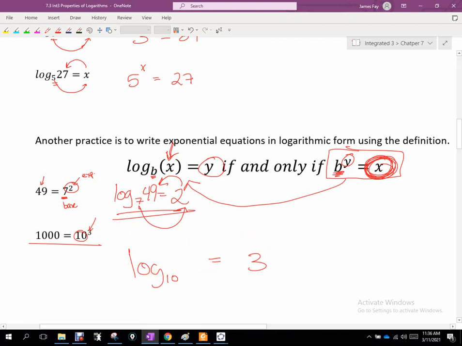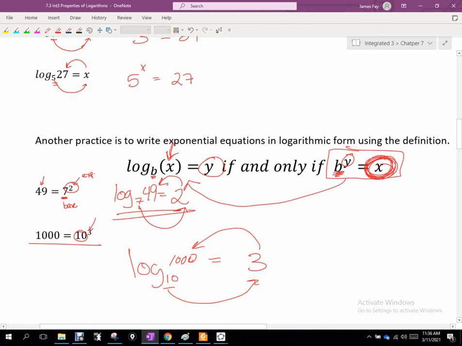That's what the definition said. So this is saying the logarithm is the exponent. What was the exponent? It was 3. So what is the only thing left over that can go here then? 1,000. Would you guys agree that 10 raised to the third is 1,000?